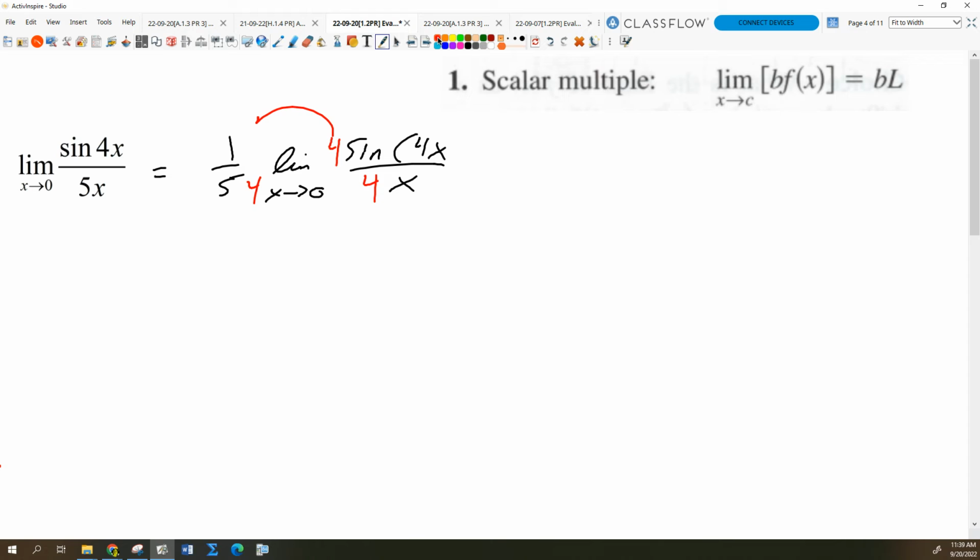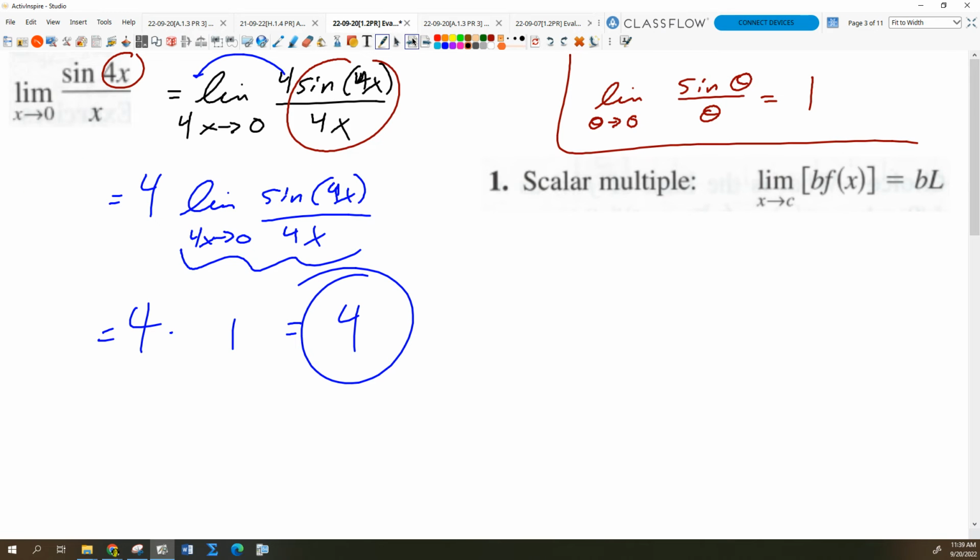Right? So I end up then with, and that, by the way, that's a 4x approaches 0, not 5 times 4 out front, because it has to match my pattern. Has to match this pattern right here where sine theta over theta as theta approaches 0. See what I'm saying? Okay.